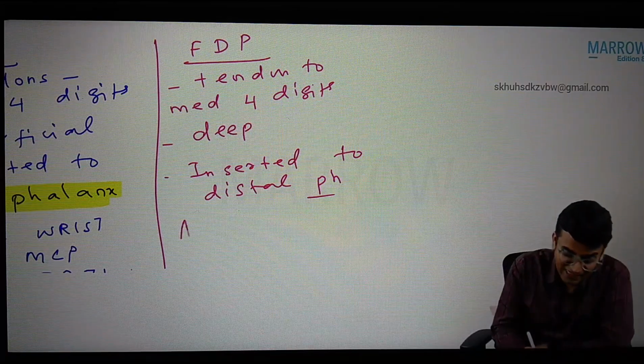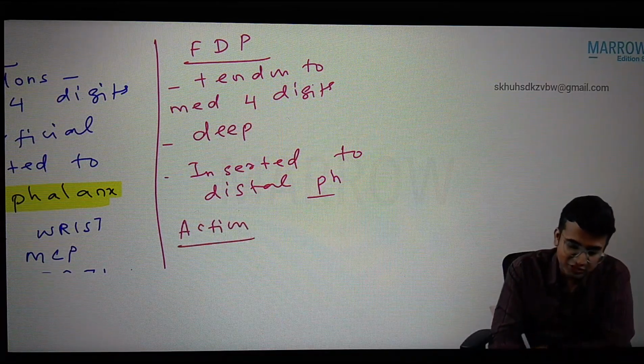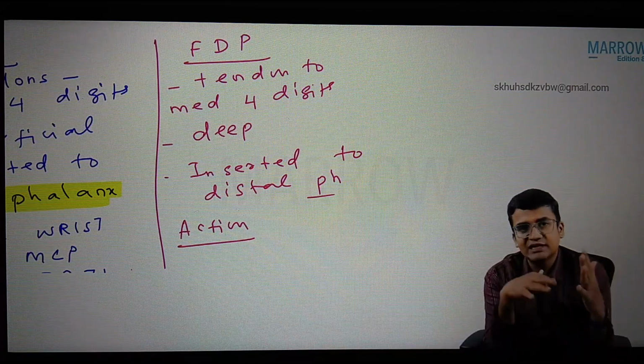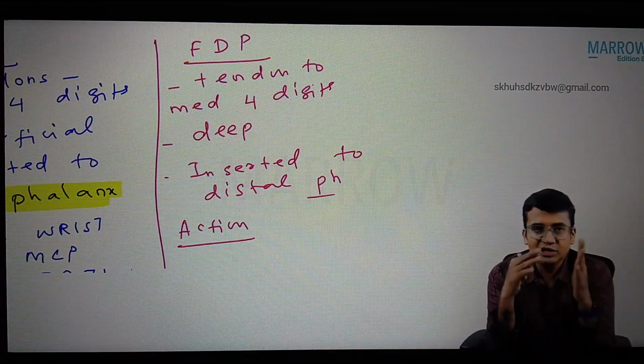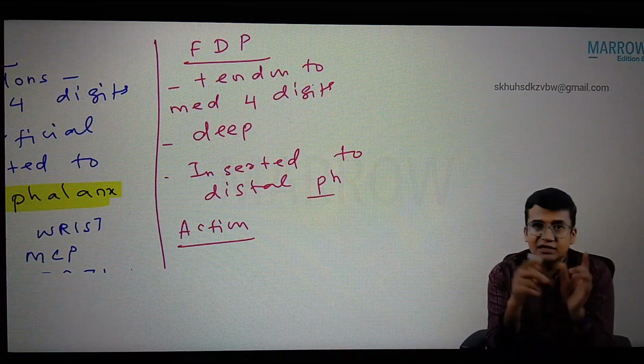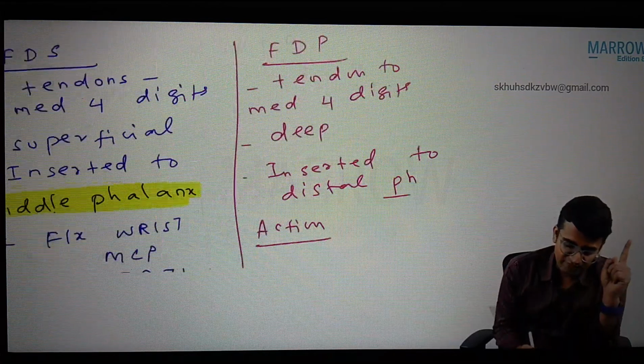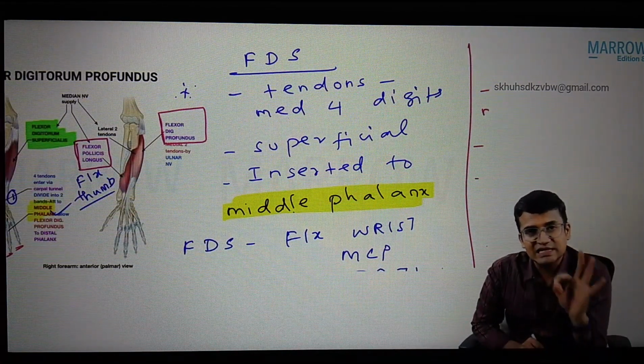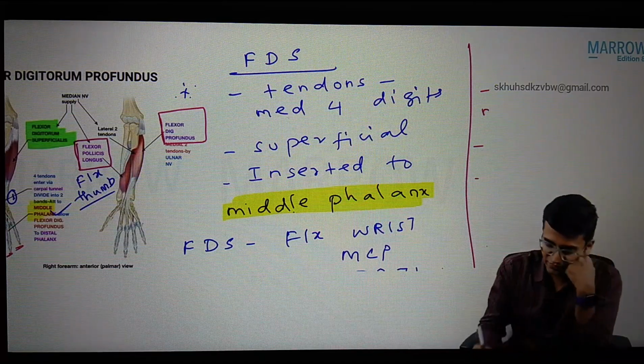Next, actions. Like the FDS muscle, the FDP muscle also crosses the wrist joint in the front side, the metacarpophalangeal joint in the front side, and the proximal interphalangeal joint in the front side. An extra action is there: the FDP muscle also crosses the distal interphalangeal joint in the front side.